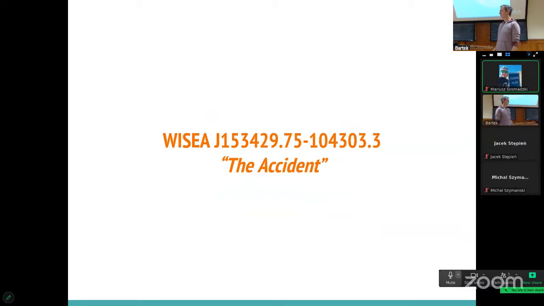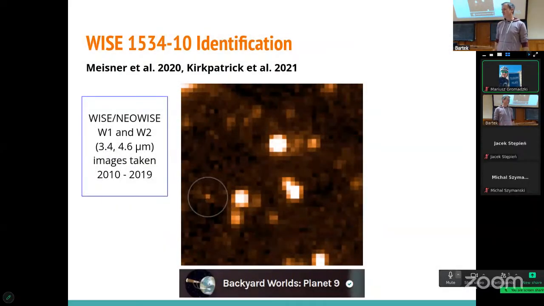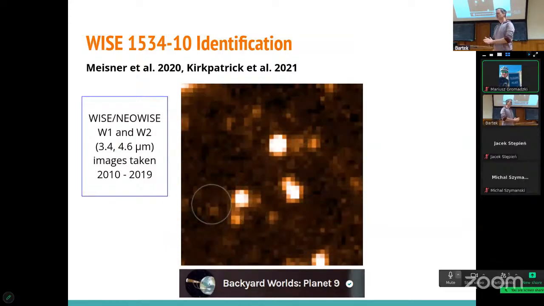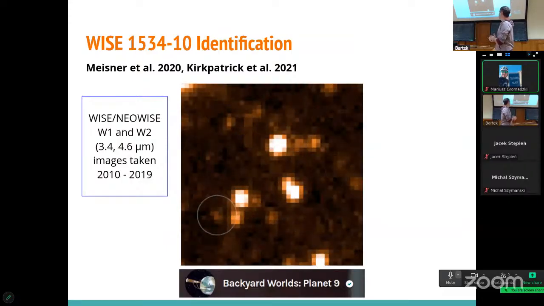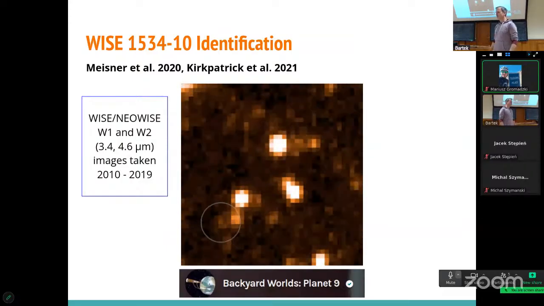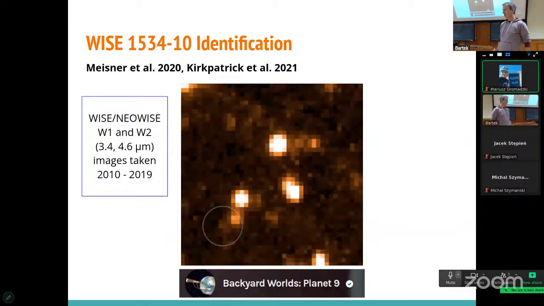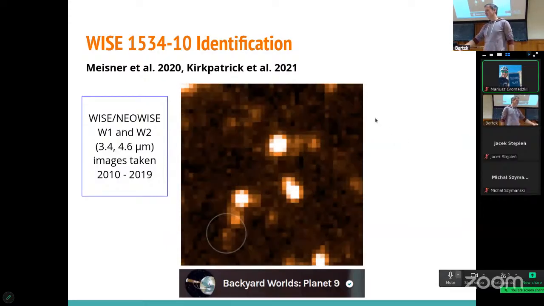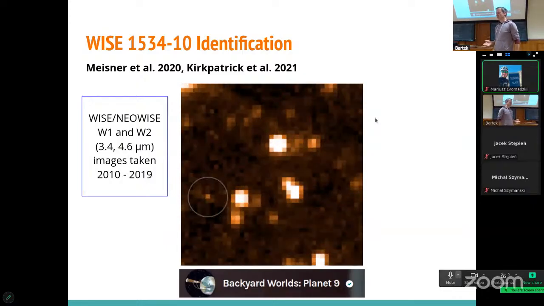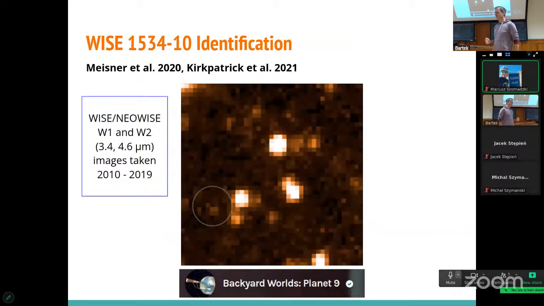Now going back to our target for today, the Accident. It was first discovered in 2020, so not so long ago. Here you can see the discovery images, which were WISE W2, and in fact the source was originally spotted, in some sense by chance, by an amateur astronomer working on the Backyard Worlds: Planet 9 project.